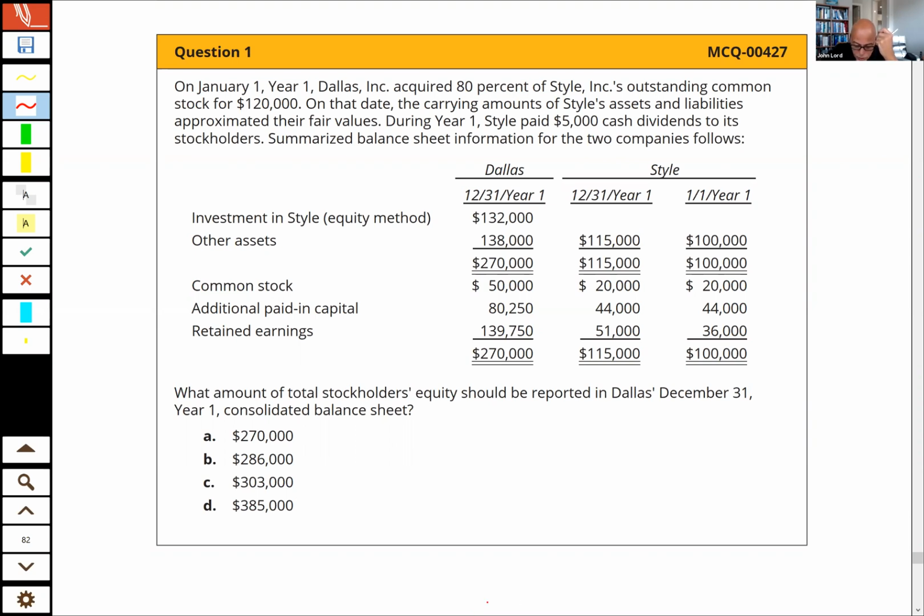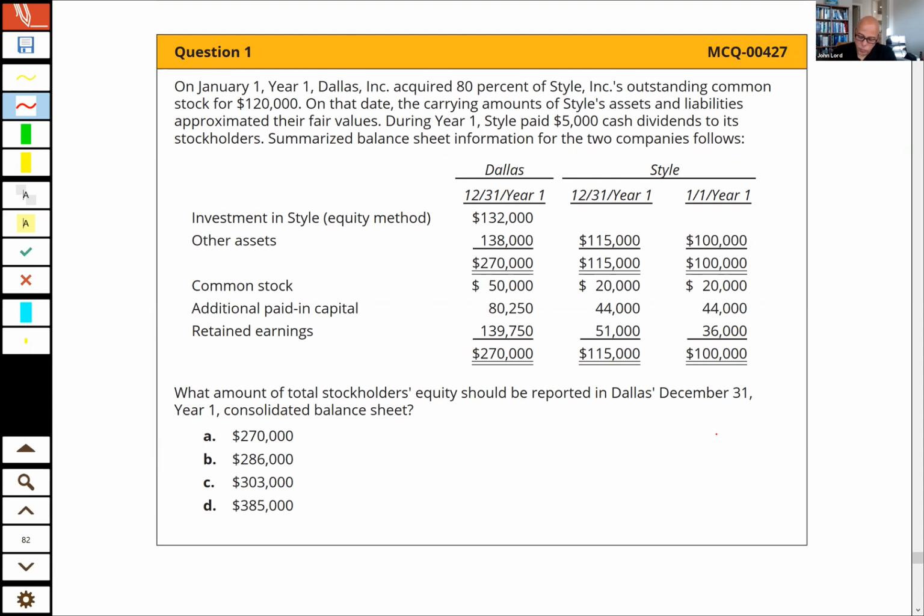But let's just go ahead and work through this one, okay? Now, when you look at this question, what they're trying to trick you into thinking is that somehow the subsidiary's stockholders' equity gets consolidated into the parent. Is that true?